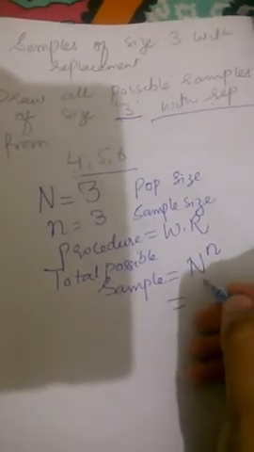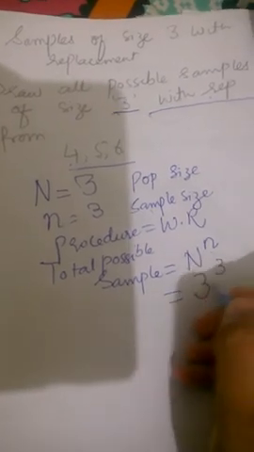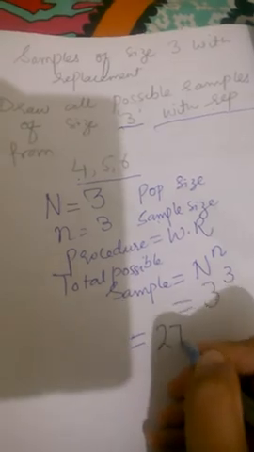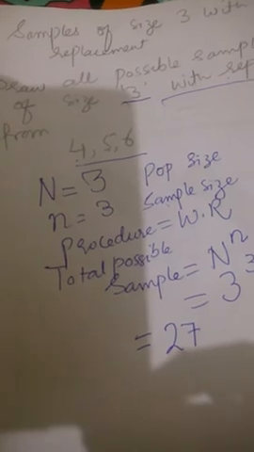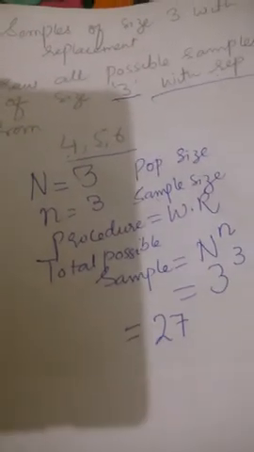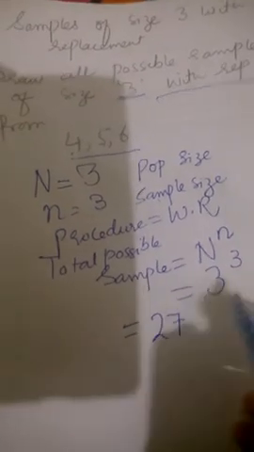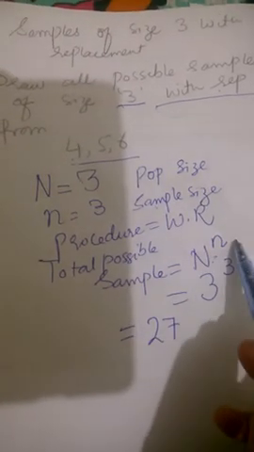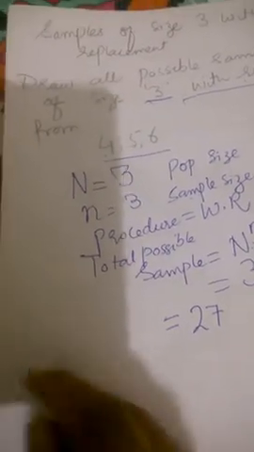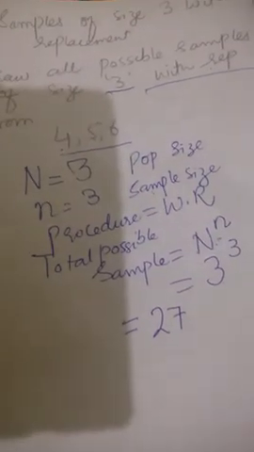Capital N is 3, small n is 3. You will have in this case 27 samples. Again, in the question you have to notice the population size, the sample size, and the procedure, and then find the total possible number of samples by the formula N raised to power n. Now we have to draw 27 samples.